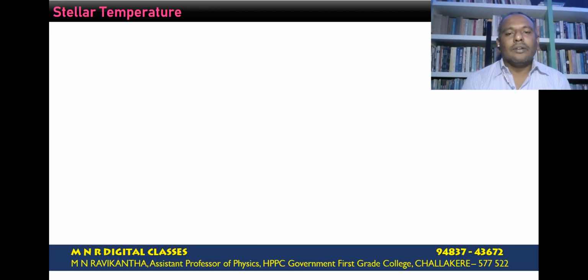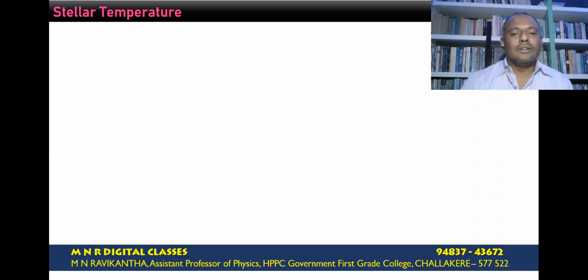You will know the definition of effective temperature, the meaning of the term effective temperature, and different methods of determining the stellar temperature using blackbody radiation laws. Next, we are going to understand what is color index, the method of determining the surface temperature or the color of the star using the color index concept. Then we're going to understand the UVB technique of determining the stellar color.